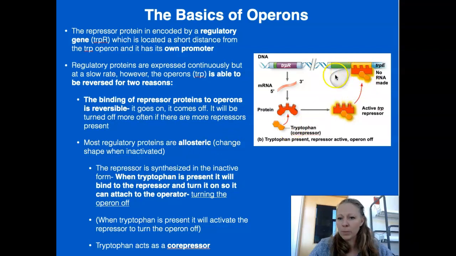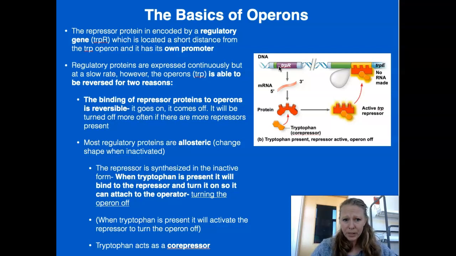We have our RNA polymerase, our operator region with our repressor protein, and our coding sequence further down. If we go upstream, there is a regulatory gene right up here. This regulatory gene has its own promoter region. These regulatory proteins are going to be expressed continuously and at a slow rate, and they're also going to be reversible.